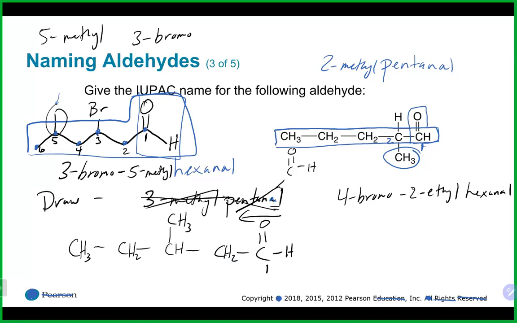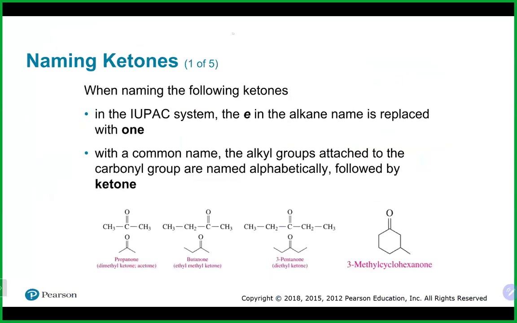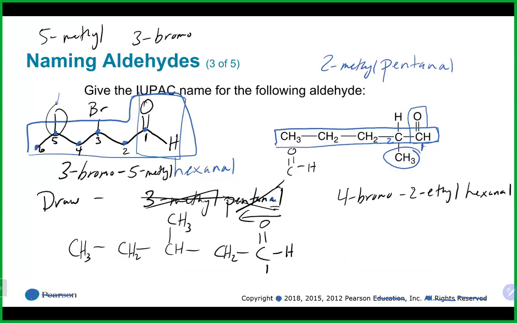Yeah, so again, I've been drawing condensed. It didn't really specify, you could draw anything. Again, if you're going to do the line structure, you would do basically the same thing. You would start with your carbons, so you would have your 5 carbons, 1, 2, 3, 4, 5. And again, here we do want to make sure that we put our aldehyde group there. And again, you could put the H like that.